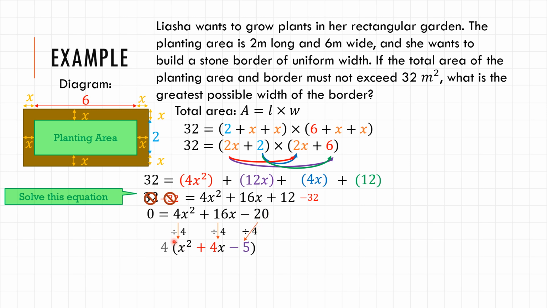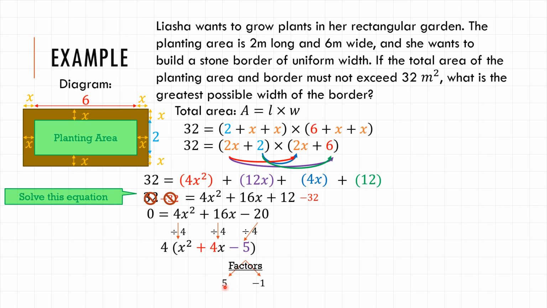And of course, I can't forget that I need to put that number that I divided out in front, because that's what I have factored. Now, am I done factoring? Absolutely not. I need to take this expression and factor it using the skills that I learned in the previous lesson. So I'll take negative 5 and I'll look for two factors of negative 5 that add up to positive 4.